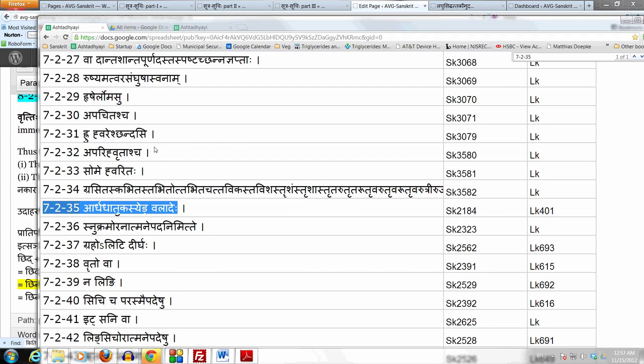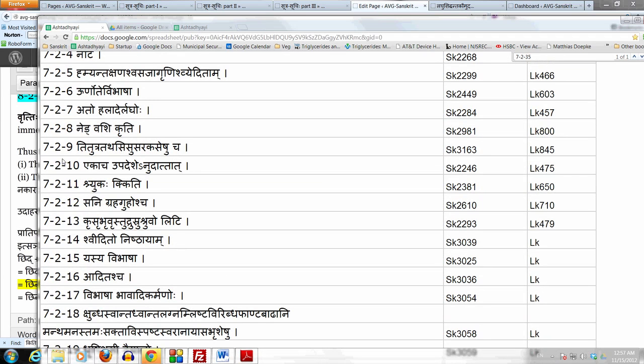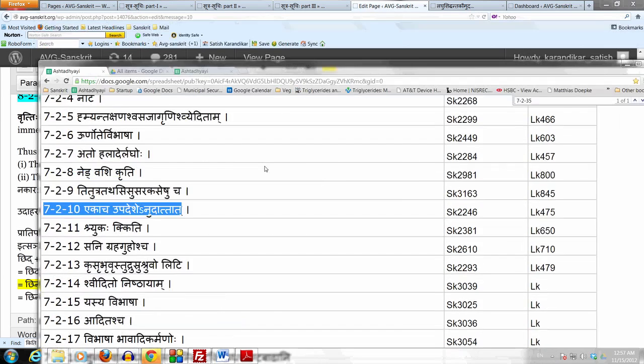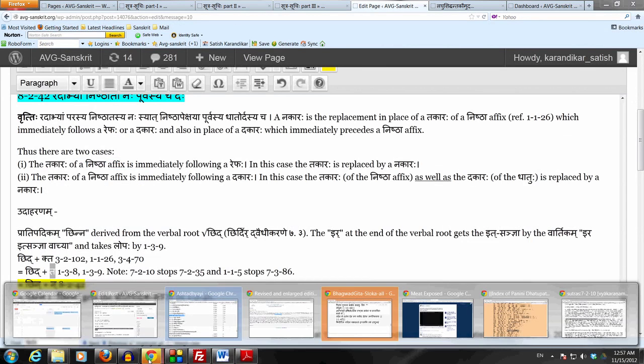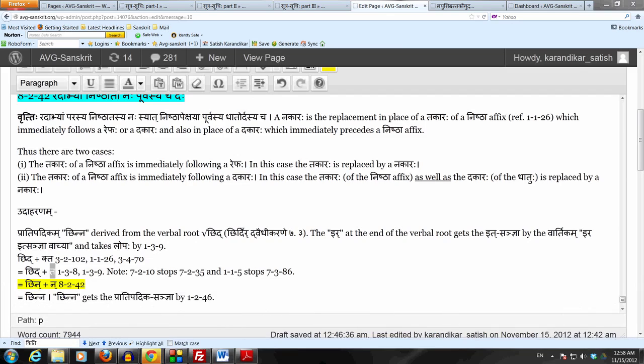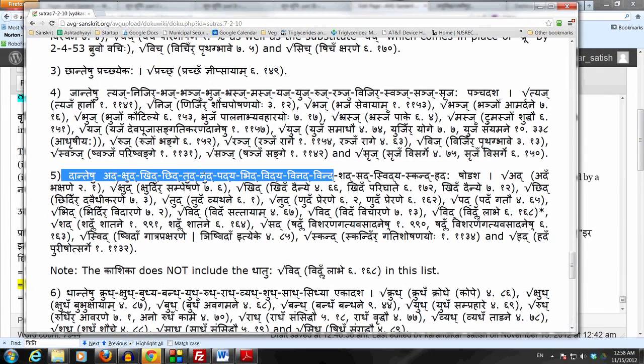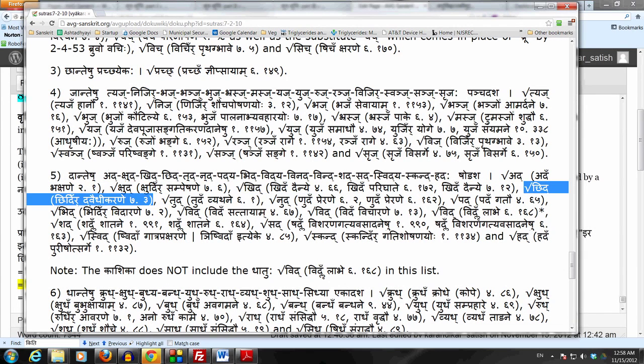In the list of verbal roots ending in a dakara, which are ekach and which have anudatta swara in upadesha in the dhatu patha, that list is as follows: ada khuda khida chida tud nuda padya bhida vidya vinad, and so on. So here chid is listed in that. So chid is an anudatta upadesha dhatu. That is why 7-2-10 stops the idagama, which would have been done by 7-2-35.